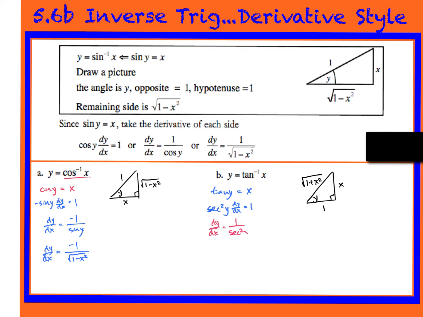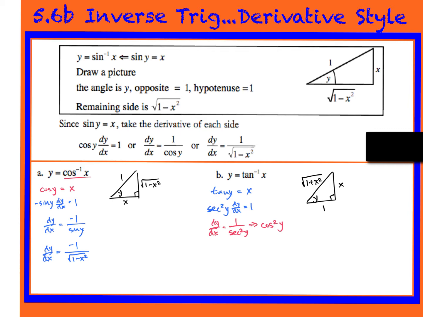Now, I personally don't think that makes any sense. It's not an x, it's a y. I don't like dividing by secant squared. I think that's silly. So really, what do we have there? It's cosine squared. So this is the same thing as saying cosine squared of y. You got it? I know you did.